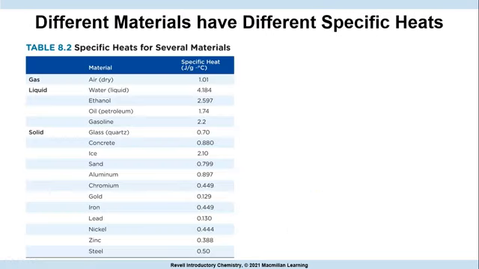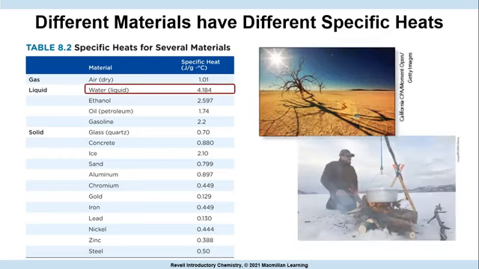So different materials have different specific heats. As we are going to see in this table here, we have so many different materials and their specific heats vary. I want you to take a very good look at the specific heat of water. In this case, we see here that the specific heat of water is higher than all of these other materials.